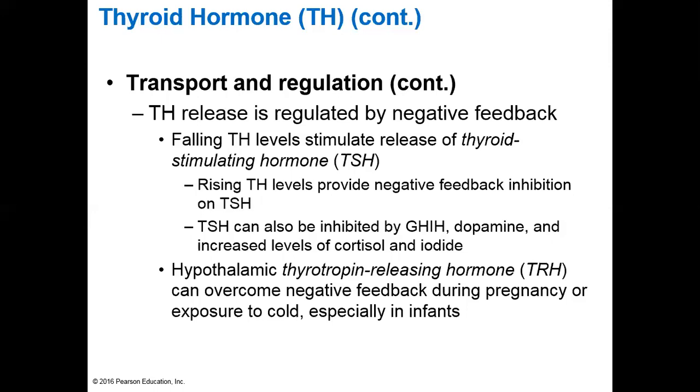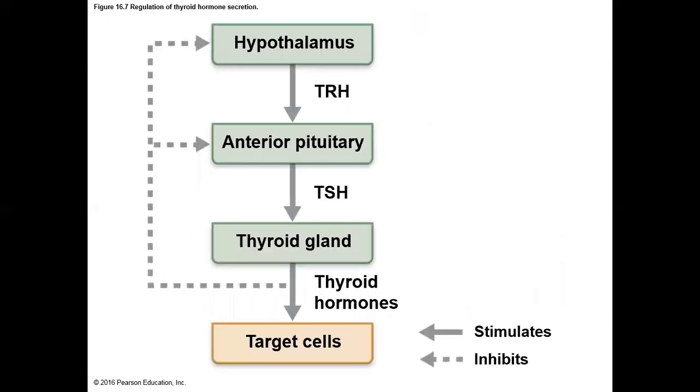So it overcomes the negative feedback during pregnancy or exposure to the cold, especially in infants. That allows the metabolic processes of the cells to continue, especially in females, because with that whole idea about eating for 2, you don't really double all your calories, but you do need more things, obviously, to nourish the infant that's growing inside of you.